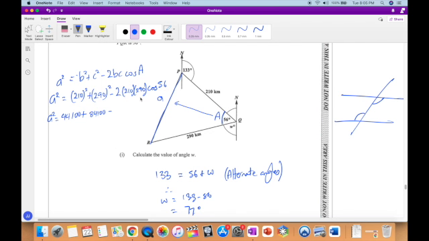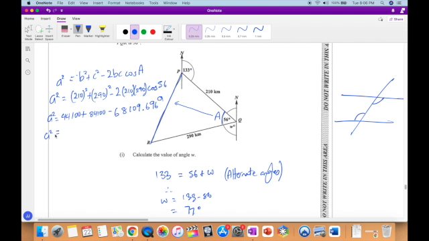The cos of 56 is that times 2 times 210 times 290. Whoa, that's a huge number there. I got 68109.696.